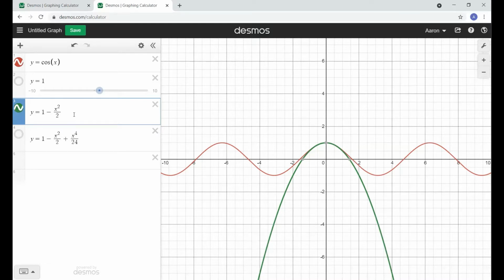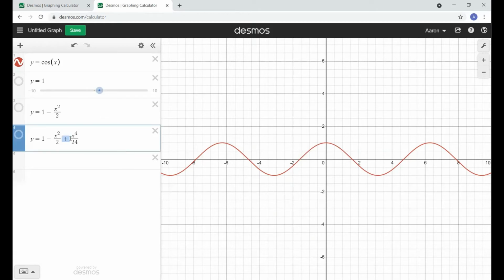All right, the fourth approximation again has a 0, because the derivative goes back to sine, and you plug in 0 to sine, you get a 0 there. There's no x cubed coefficient. The fourth derivative goes back all the way to cosine, so we get a positive number here.